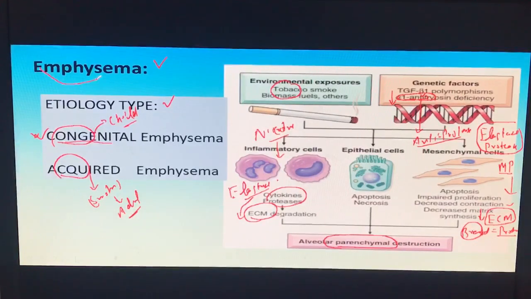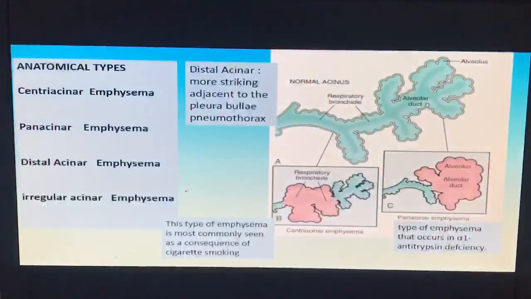So there are two different types of emphysema. It may be congenital, it may be acquired. The acquired type of emphysema is a part of COPD. According to etiology, we classify emphysema into congenital emphysema and acquired emphysema.